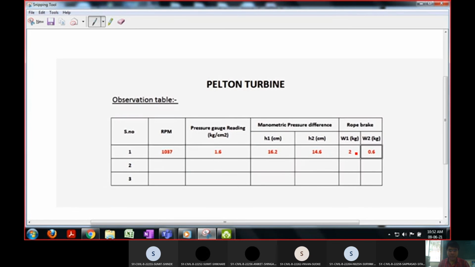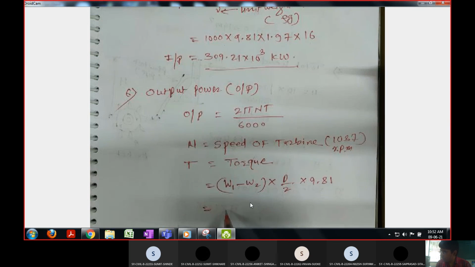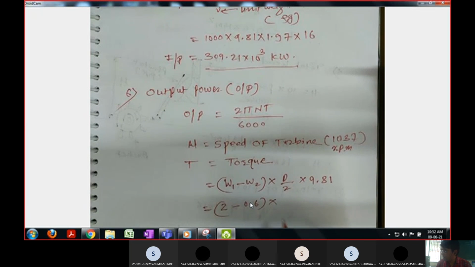So what is this W1? Here W1 is the loading on the turbine. So W1 is 2 kg and W2 is 0.6 kg. So 2 kg minus 0.6 kg. Now here we have the drum diameter.